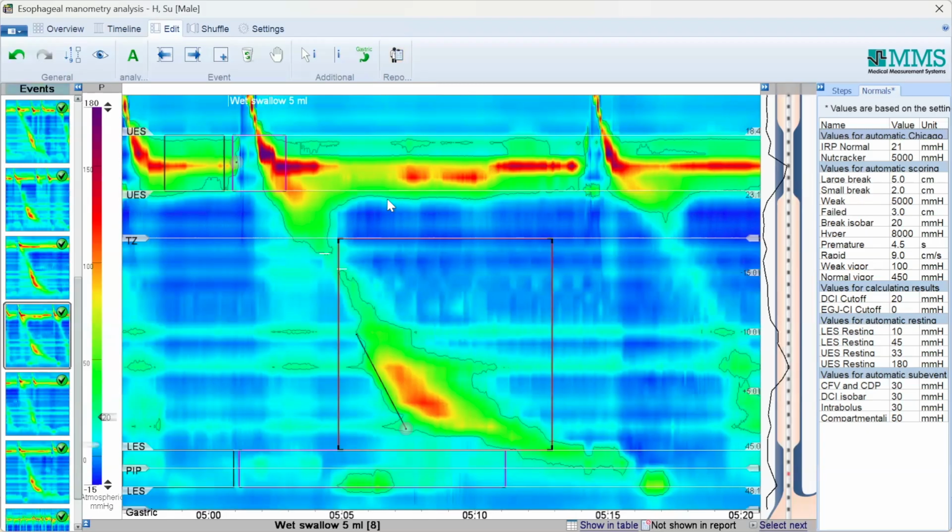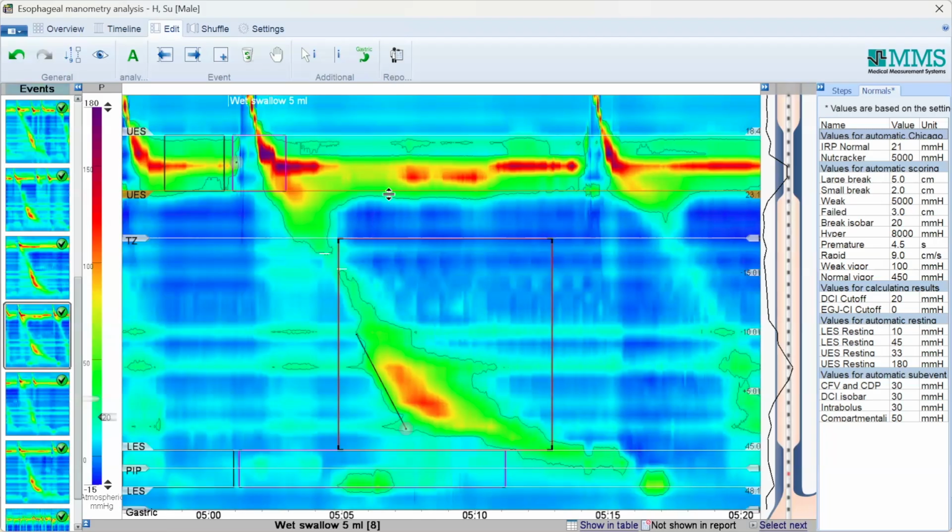What I would write in the report is that the patient was compliant with the pre-procedural instructions. Technically, the procedure had acceptable performance.